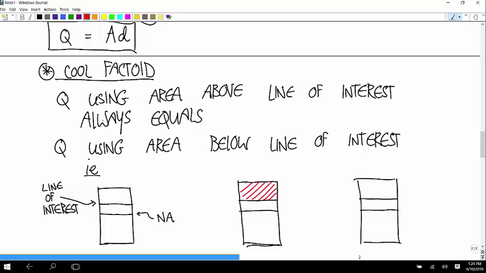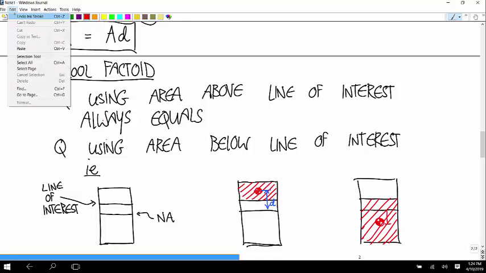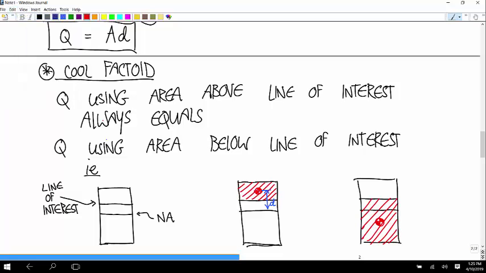You can calculate this area A, this centroid, and this distance D. Or you can calculate this area, this centroid, and this distance D. Isn't that cool?